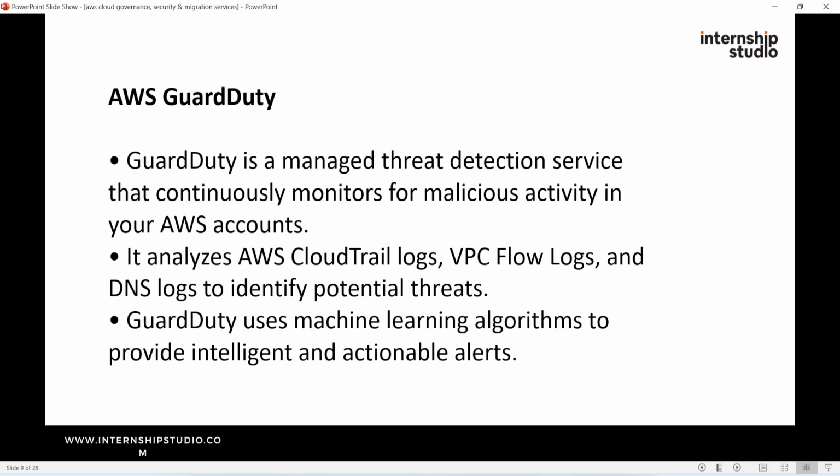These findings provide detailed information about the detected activity, allowing you to investigate and respond to security incidents. Again, GuardDuty prioritizes alerts based on the severity and potential impact of the identified threats. This helps focus on the most critical security findings that require immediate attention.